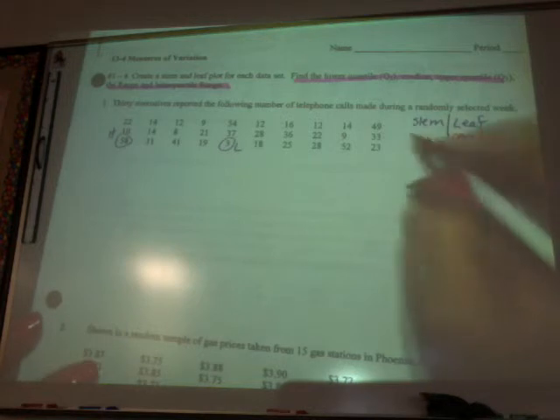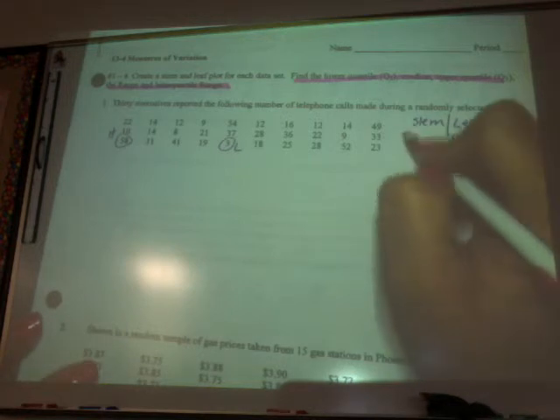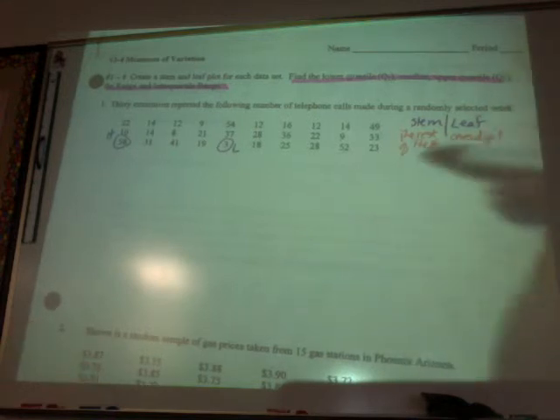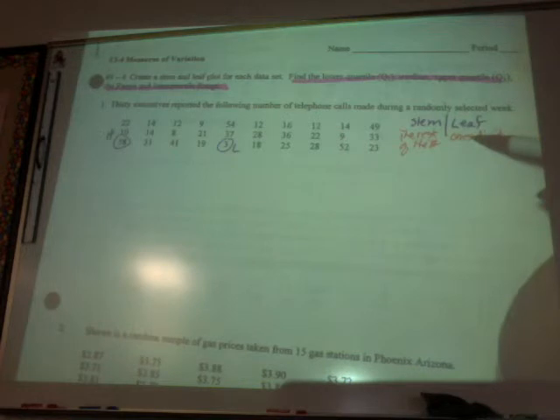Your stem is the rest of the number. So if we had a 3-digit number, your stem would be 2 digits and your leaf would be 1 digit. Since we have a 2-digit number, your stem is 1 digit and your leaf is 1 digit, because the leaf is always just one number.